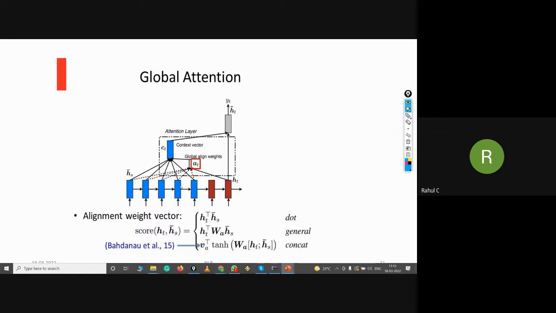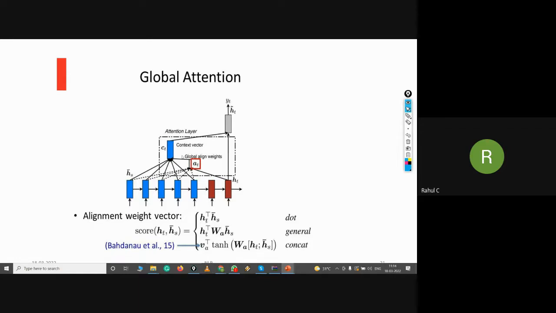Score(h_t, h_s) can use a weight matrix W_a, and you give a transpose in order to make the dimensions correct: h_t transpose W_a h_s. From that you apply a softmax, and you take the attention weights and concatenate in order to produce the context vector.